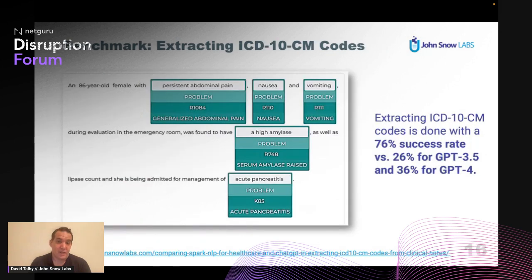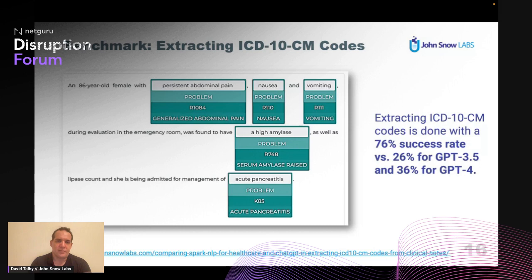We see an even bigger gap in accuracy when you go beyond recognizing entities to normalizing them to standard codes. Here also, this is a public benchmark. Below you have the link to the blog post, and from there a link to the Python notebooks and the data, if you'd like to reproduce it yourself.